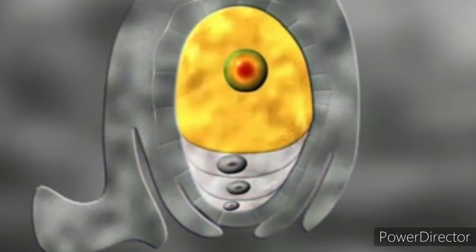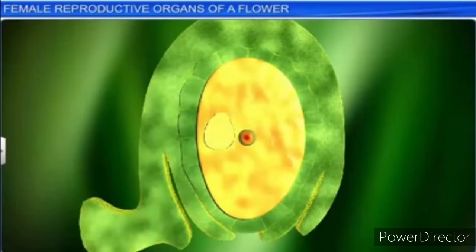Because 4 megaspores will form, of which 3 will degenerate and only 1 is the functional megaspore. So it is called monosporic development. Megagametogenesis means the process of formation of the egg cell from a functional megaspore, which is now called the embryo sac.